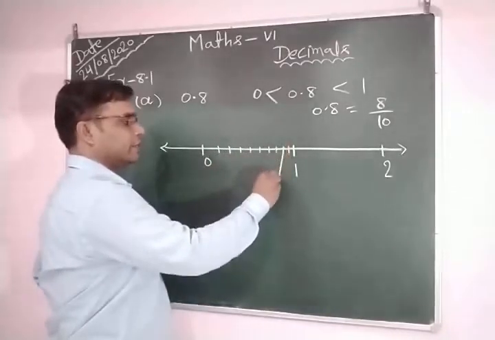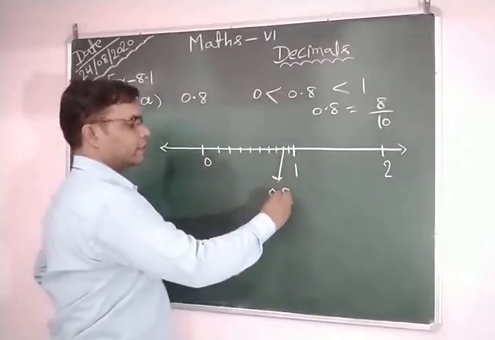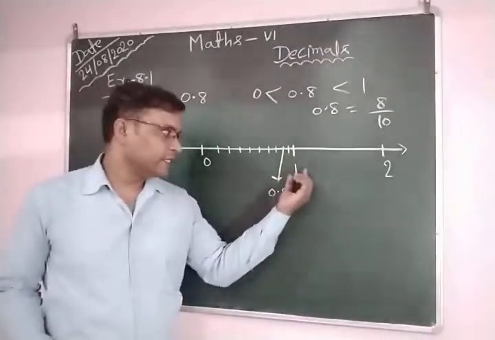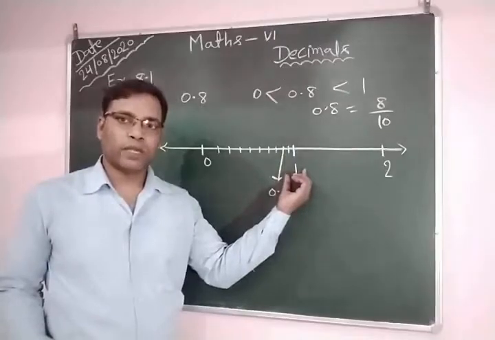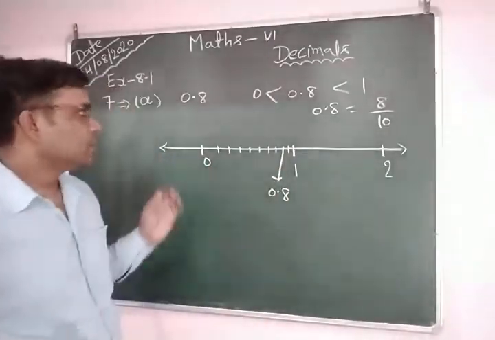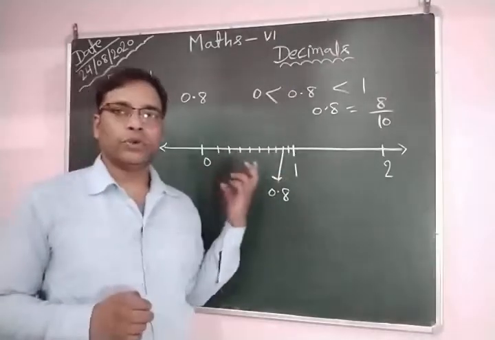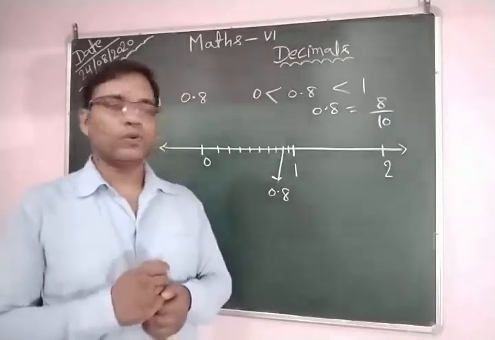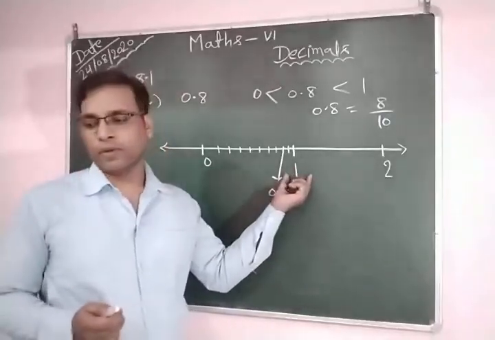This is 0.8. Okay, so you can see 0.8 is nearer to 1, not 0. So you can say 0.8 lies between 0 and 1 and nearest to whole number 1.